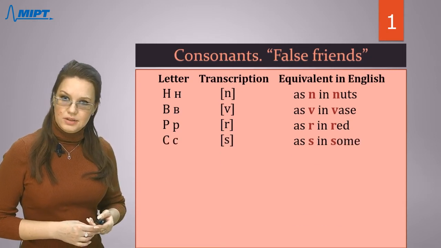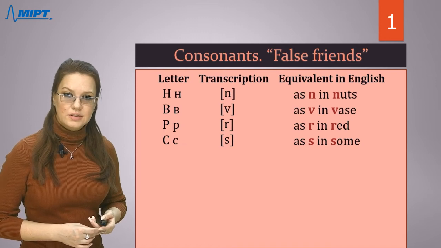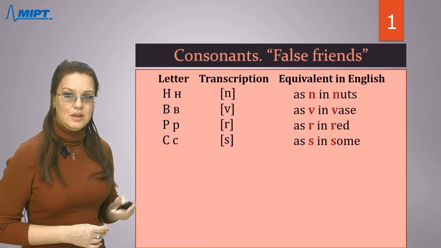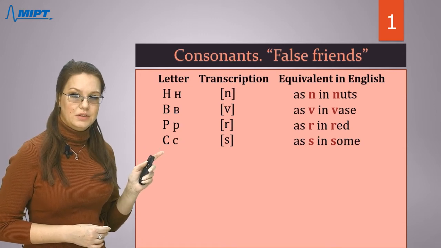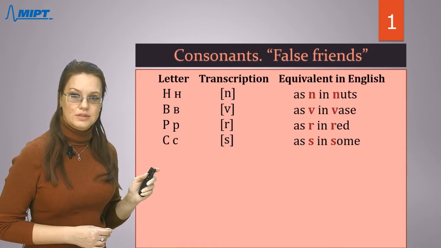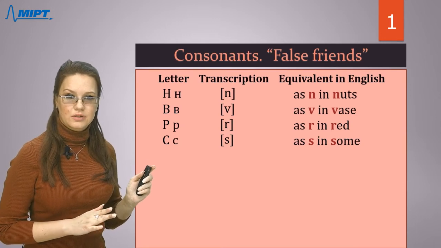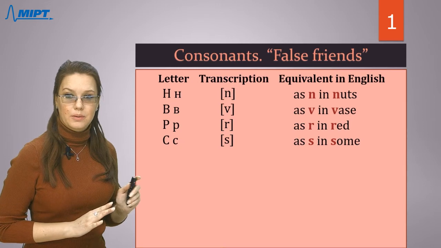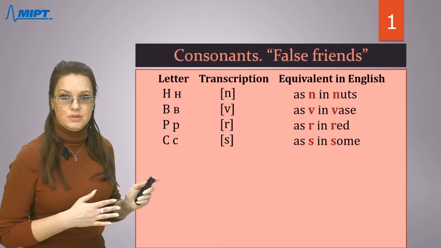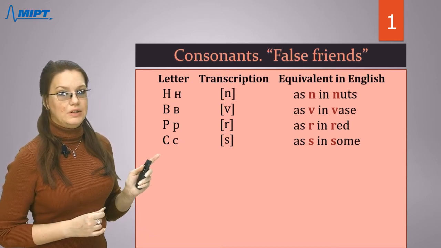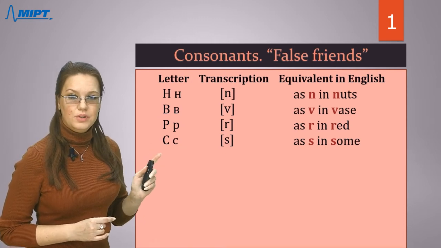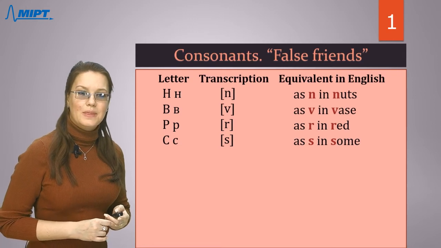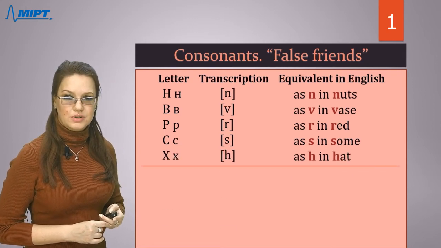The next letter is the letter S, and the sound is S. We read this letter only like this. It's not like the English letter C that we read in two different ways depending on its position in the word. The letter S we always read like S, like in this word, some, for example.